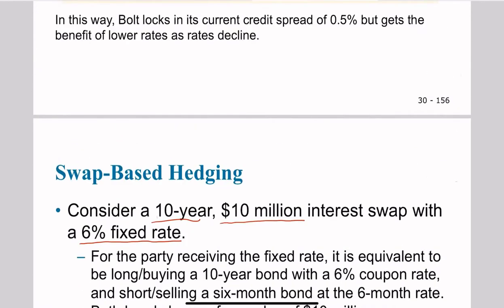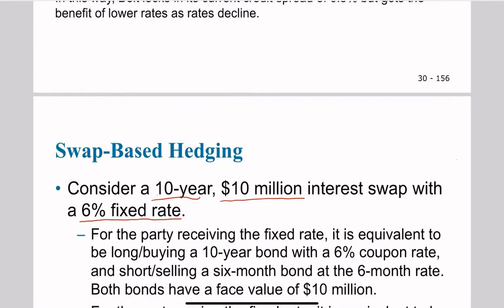So let's consider a firm. This firm enters into this interest rate swap and it receives the fixed rate. So in this case, it's a floating to fixed interest rate swap.